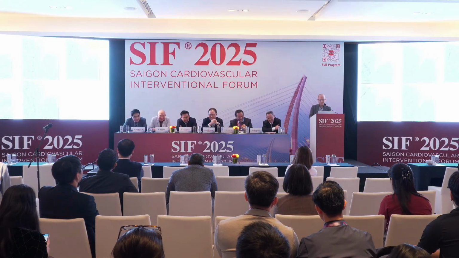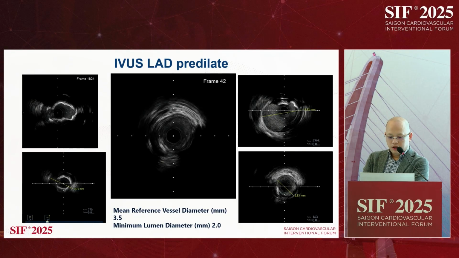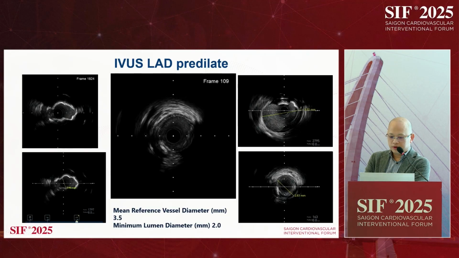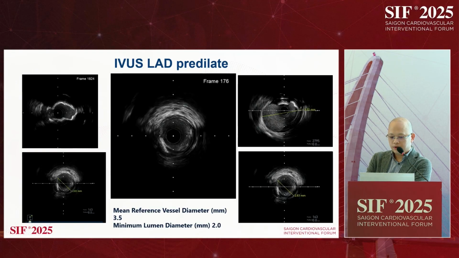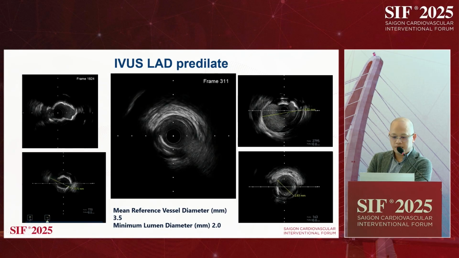Okay. Yep. And this is the IVUS. We estimate the distal diameter is around 3.30, and the mean reference diameter proximally is around 3.5 millimeters.